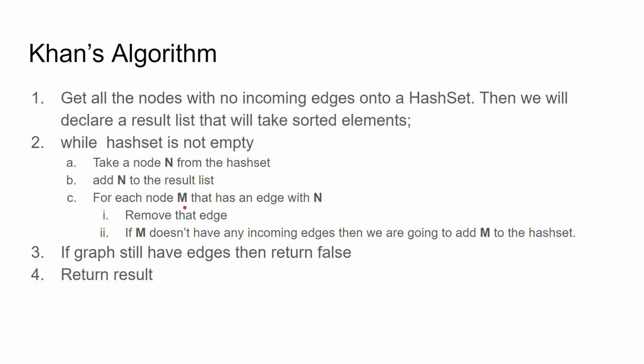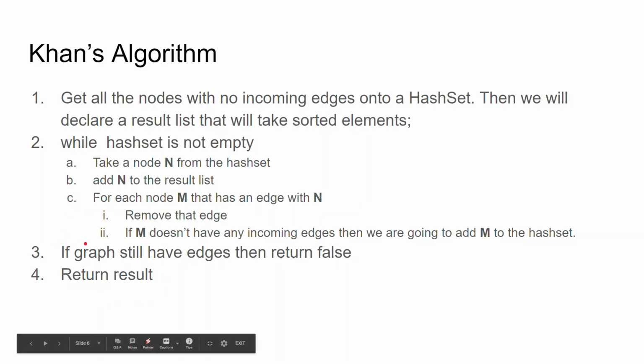Then for each M, all the nodes that are connected to N, we're going to remove that edge, that connection, and if M does not have any incoming edges, then we're going to add M to the hash set. So if there are no incoming connections to node M, then we're just going to add it to the hash set, and if the graph still has edges, then we're going to return false. At the end, we're just going to return the result if it's not false.